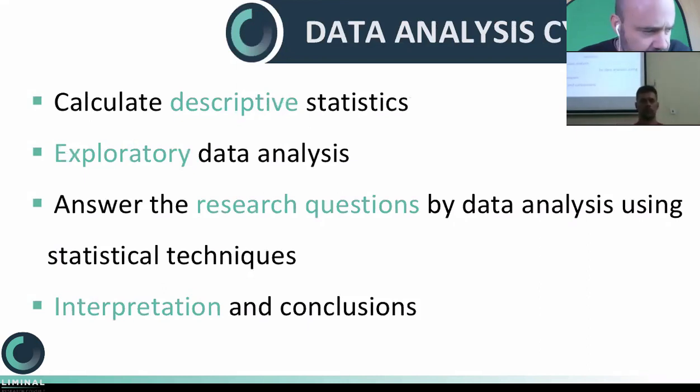You fine with that? And then you have, yes? Yeah, I wanted to say, at PhD level, you have to have some sort of theoretical elaboration incorporated in the last two steps. Yeah. When you do your interpretation and conclusions, you go back to literature, and remember, theory drives everything.